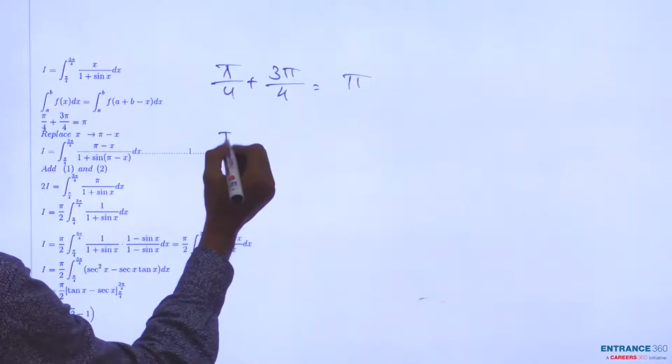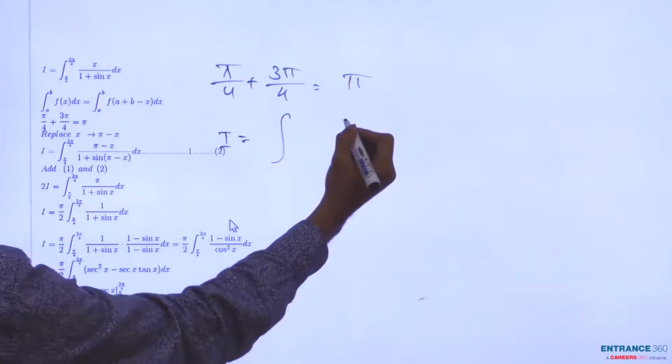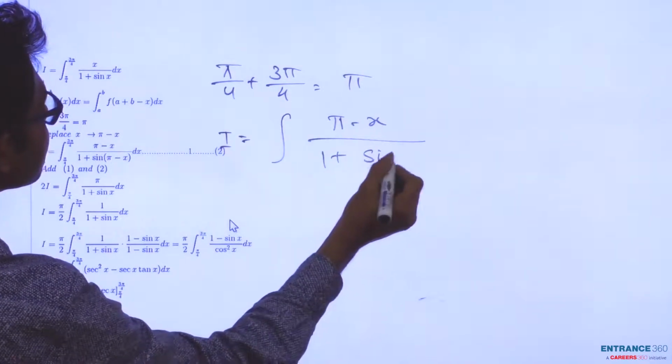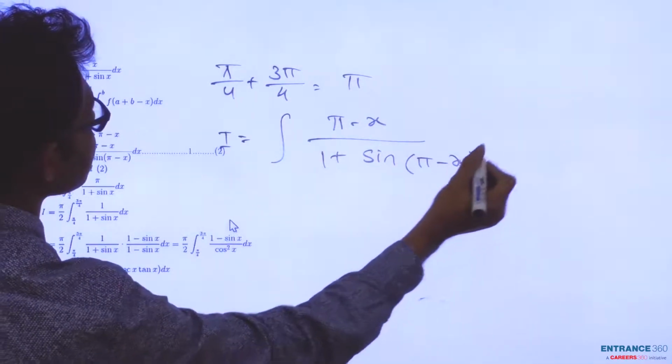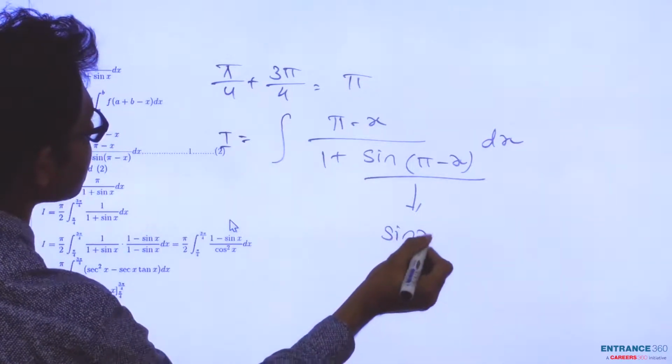Now, I will be, a plus b minus x will be pi minus x divided by 1 plus sin of pi minus x dx. Now sin of pi minus x is equal to sin x.